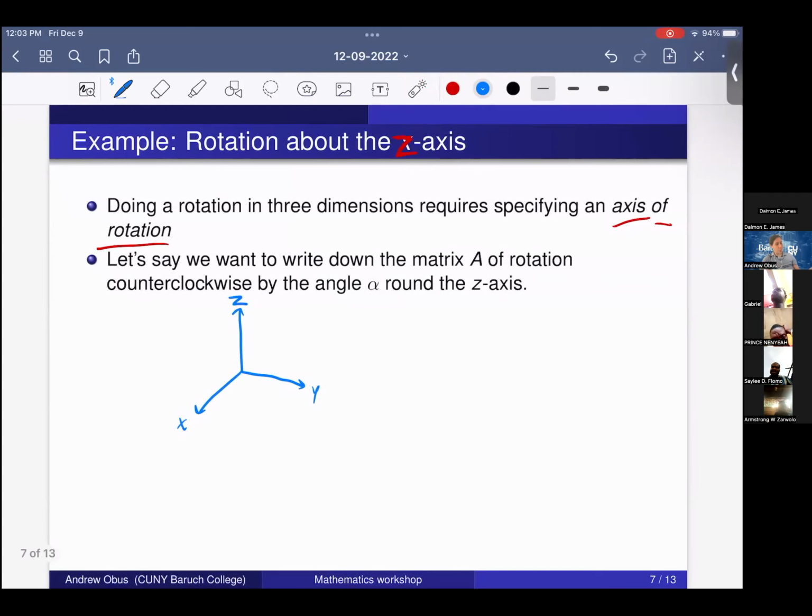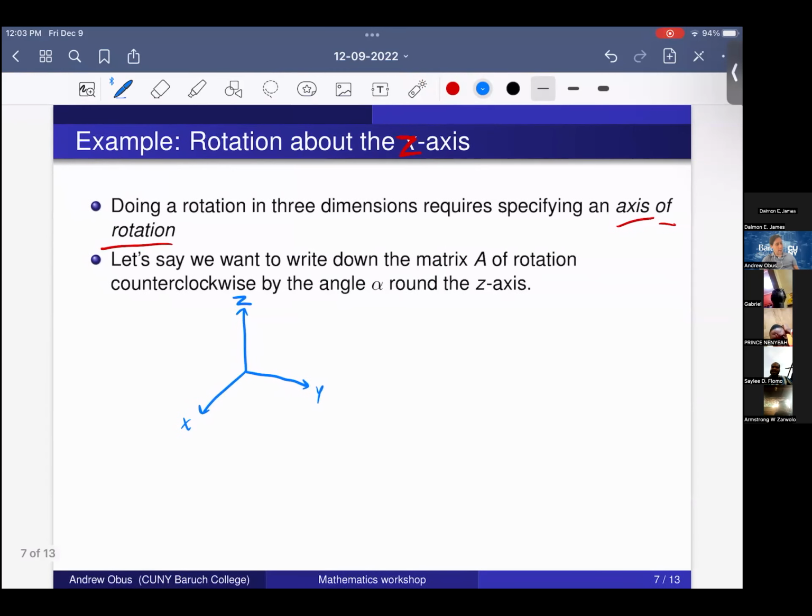And then we imagine we want to rotate around the z-axis like this. Okay, so we're spinning the XY plane around the z-axis. So if we recall, in the XY plane, the matrix of rotation CCW, which means counterclockwise, by alpha was this matrix.